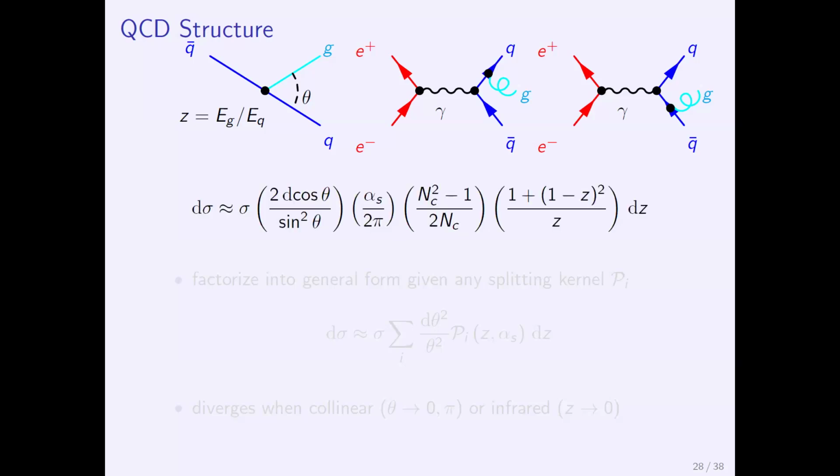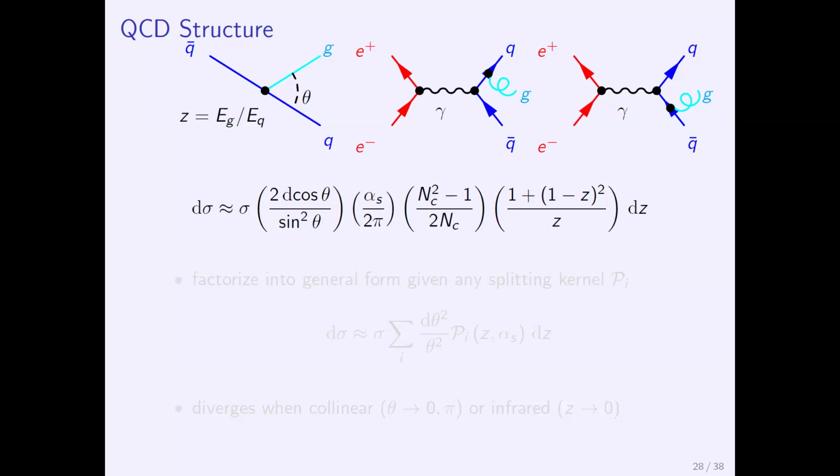And what's really important is that this differential cross-section in terms of z, so this energy fraction that this gluon has, it turns out that we can write it as the cross-section, so the inclusive cross-section that we have, times then these terms that we have here. So this theta is just this angle between the gluon and the quark. This N_C is just the number of colors that we have. Those are the two things that enter into this, and then, of course, alpha S as well.